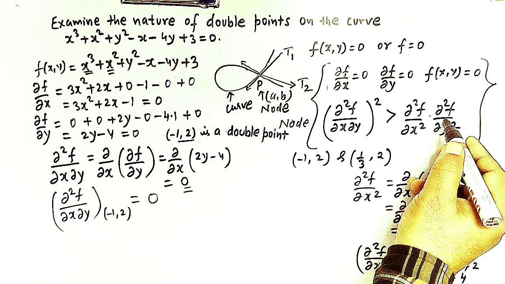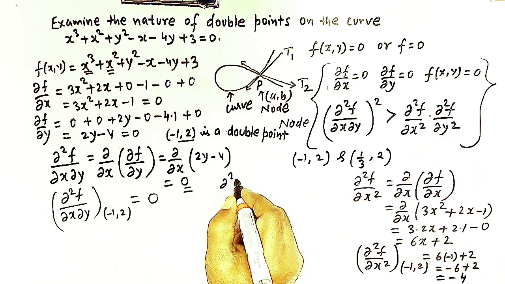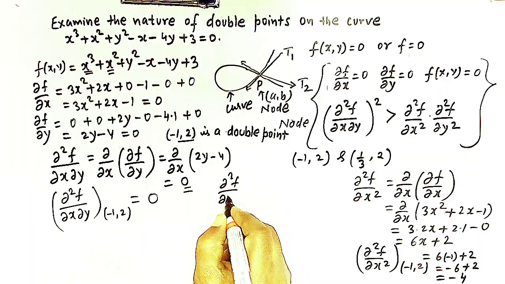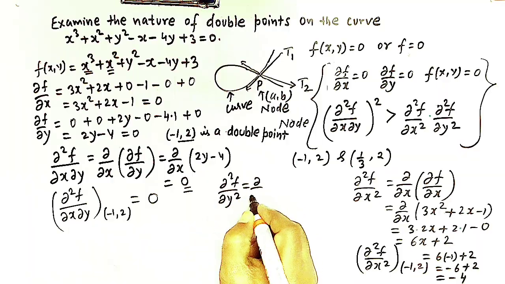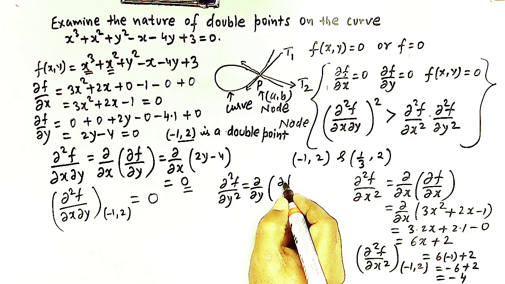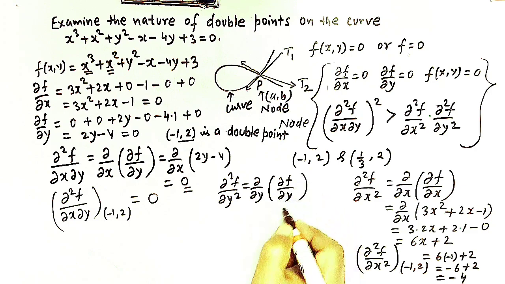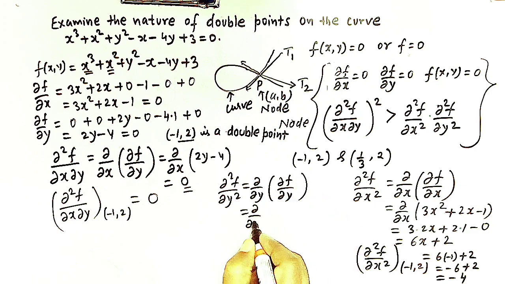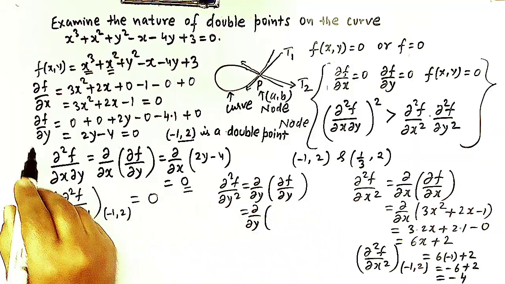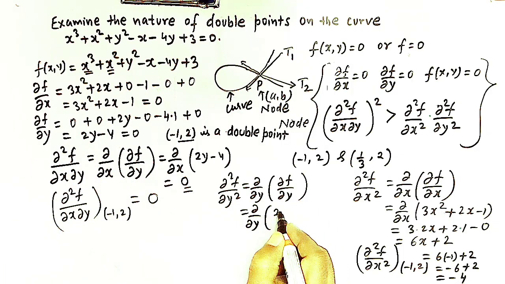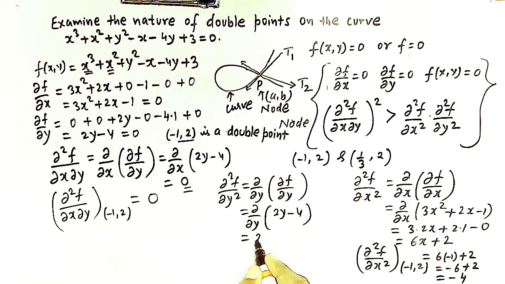So now let us find out the second order partial derivative with respect to y. So we have del over del y of del f over del y, and del f over del y is 2y minus 4, right? So here we have 2 times 1, the partial derivative of y with respect to y is 1, and here we have 0, so we have simply 2.